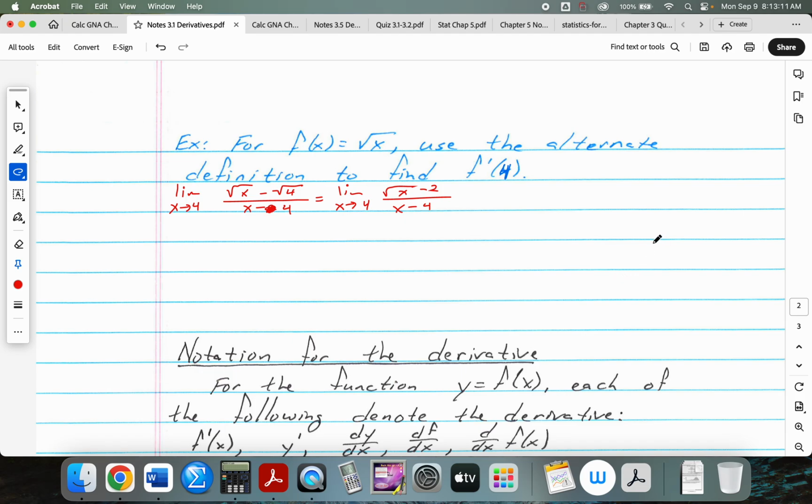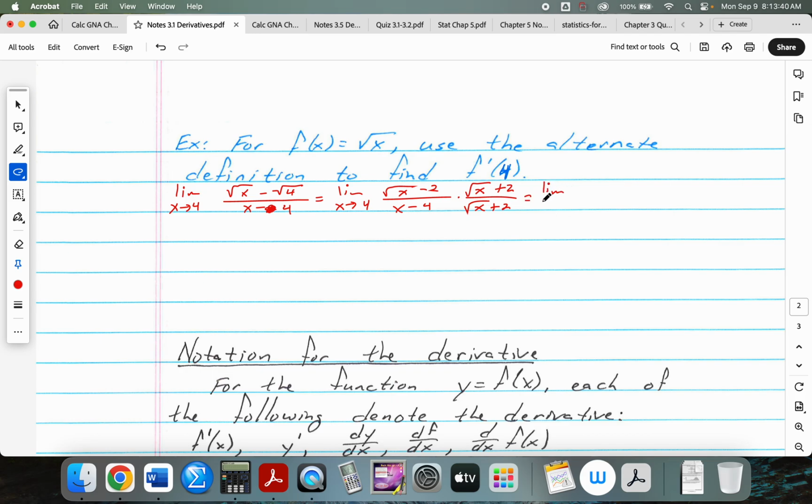And if you'll recall from our units on finding limits, what we can do on ones like this where it has that square root plus or minus something, we'll multiply by the conjugate. That is the square root of x plus 2 over the square root of x plus 2.